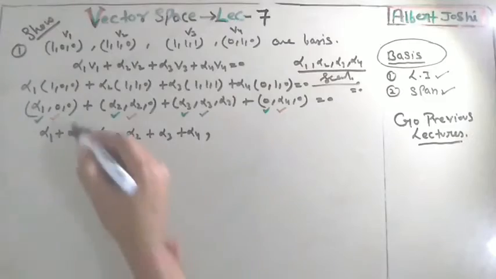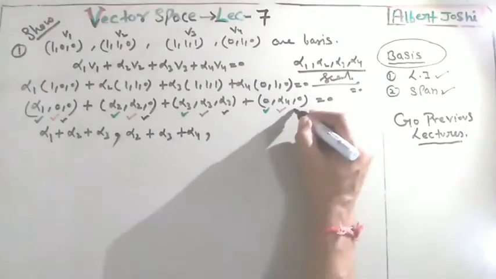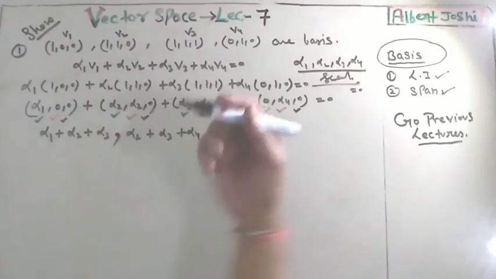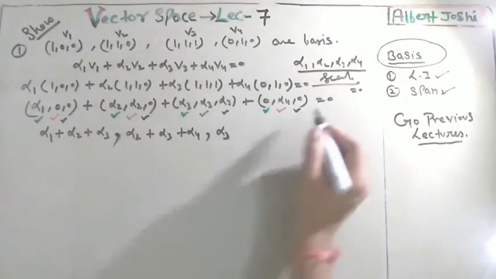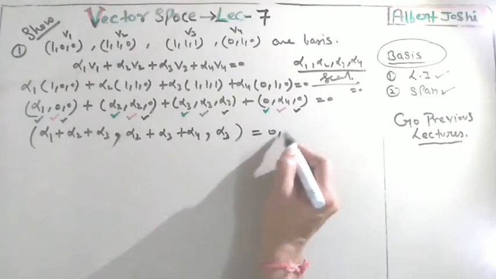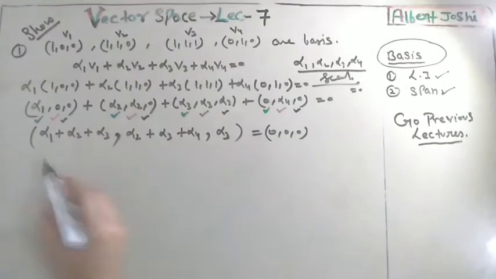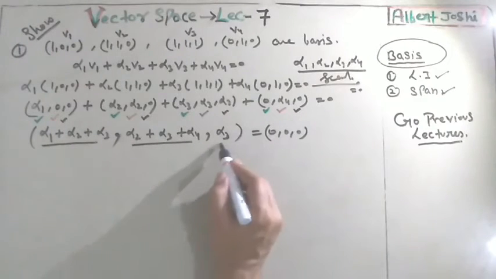Now we take the third components. The first one is 0, the second one is 0, the third one is alpha 3, the fourth is 0. This is equal to (0, 0, 0). Comparing, the first one is 0, the second is 0, the third is 0.